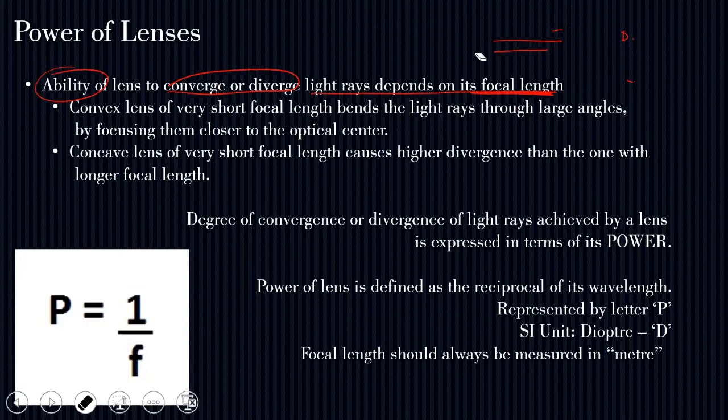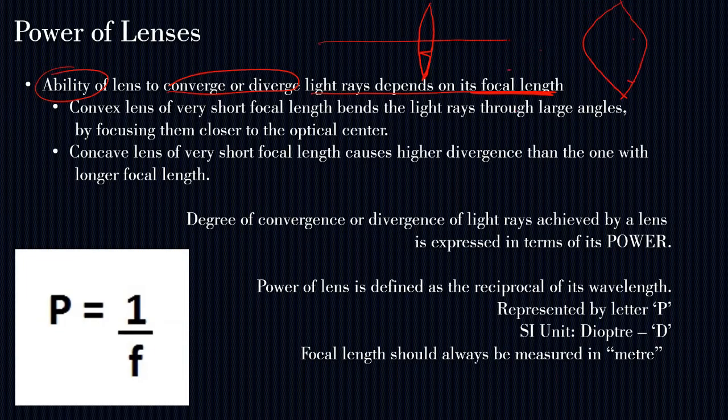I have got two convex lenses now. One lens is a very thin lens like this, right? And another lens, I have a little bulging lens. This also has a principal axis.